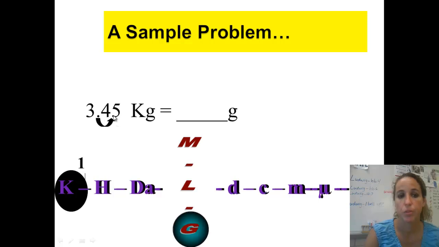So that means you move your decimal point 1 place. So now it's 34.5. Now we have to go from hecto to deca. We move it 1 more time. So now it's 345. Now we have to go from deca to gram. So we move it 1 more time. So what's our final answer? Right, 3,450 grams. Please record that on the line.